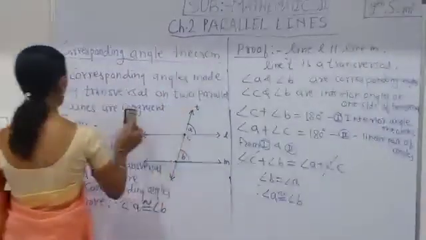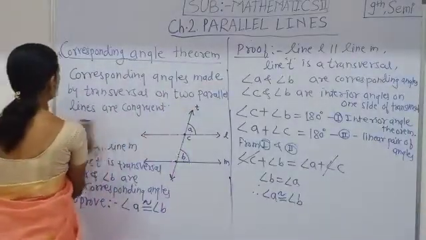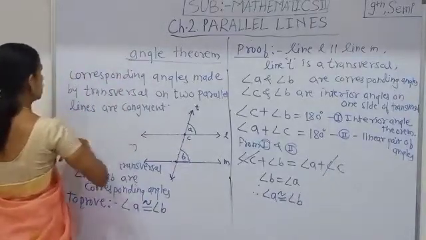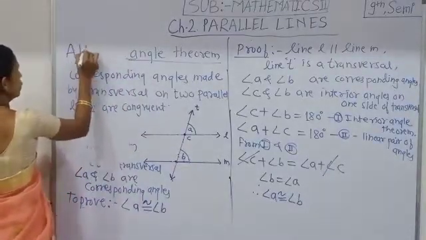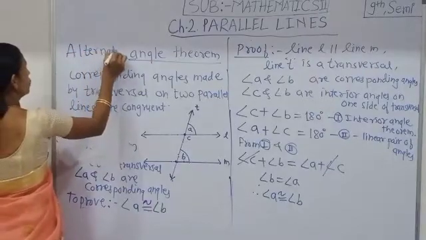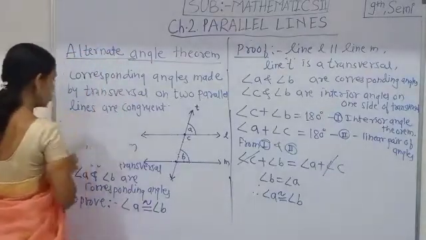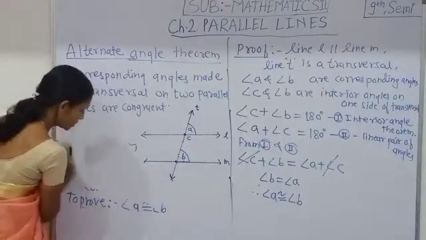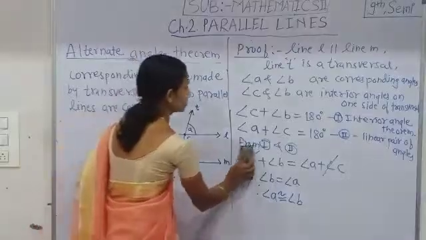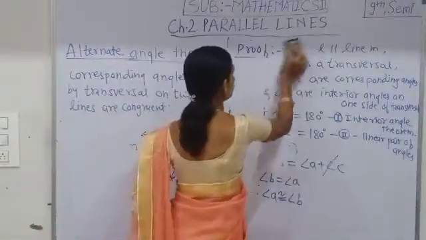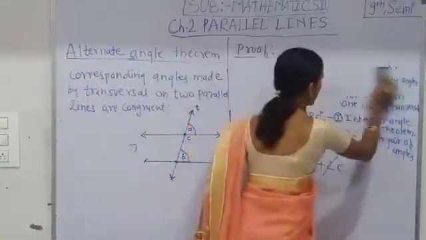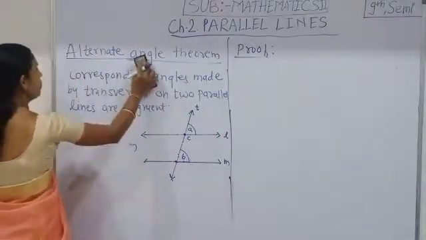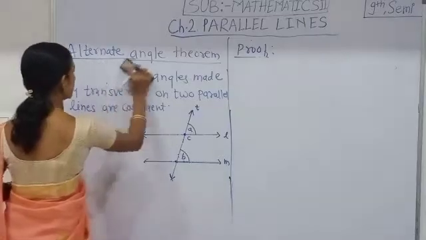Similarly, we can prove the alternate angle theorem. Here we have to prove the alternate angle property made by a transversal on two parallel lines.